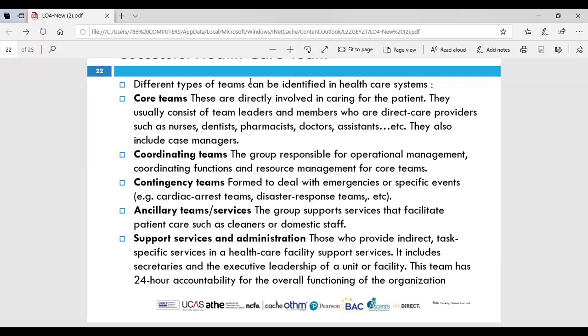I think part of the contingency team are also, is it orthopedics?